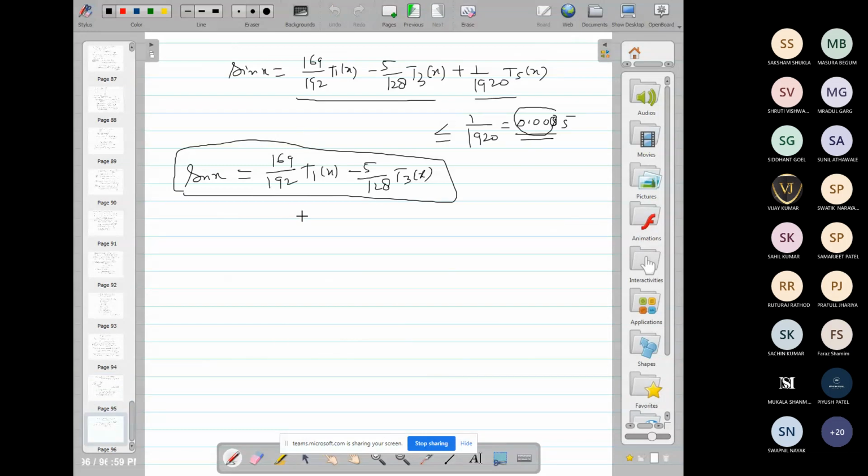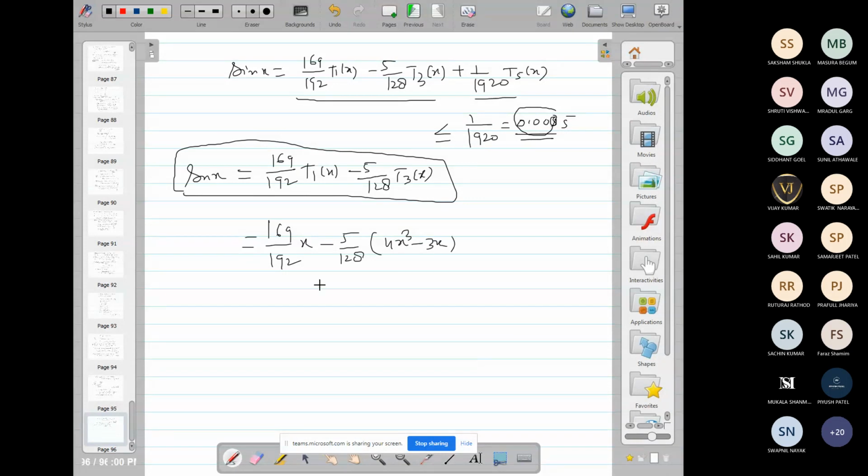So this can be written as, after substituting the value of T1 and T3: 169/192 x minus 5/128 (4x cube minus 3x).